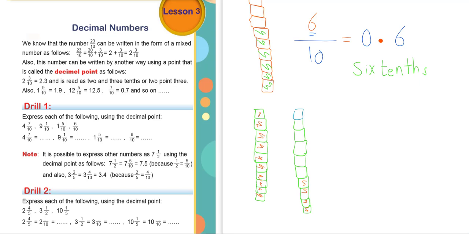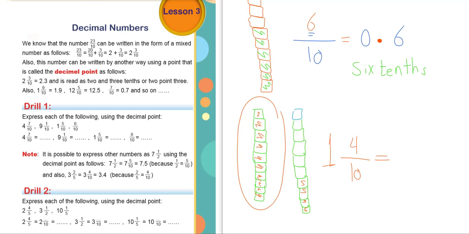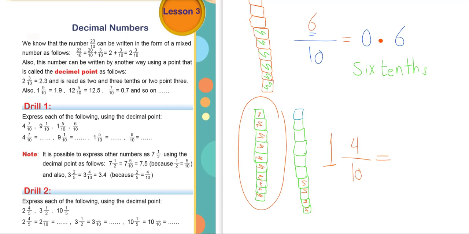Here we have a column in which I colored all the blocks. So here you have 1. So the whole number equals 1. Then put the fraction. Here we have 10 blocks, and I colored 4. To write it in decimal, here we have the point. Then we start from the right.